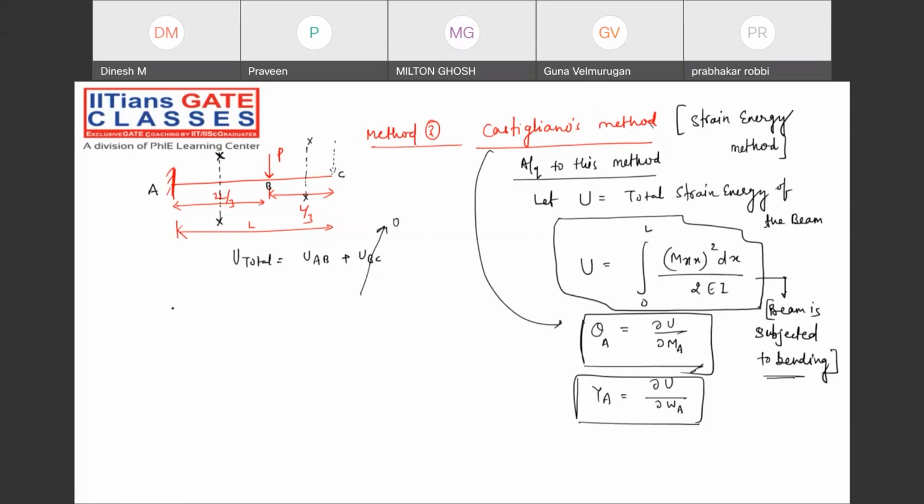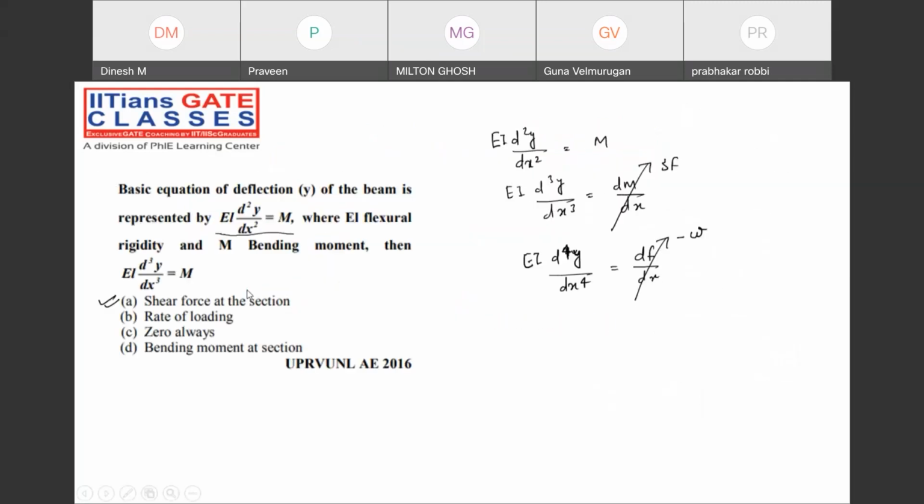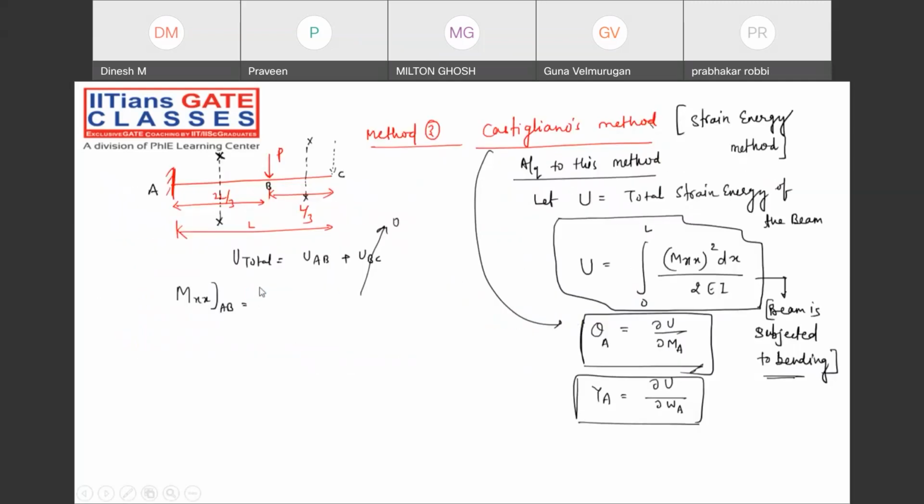Now, suppose I'm taking the moment at a particular cross section in the AB portion of the beam. Suppose I'm taking the distance x from here.